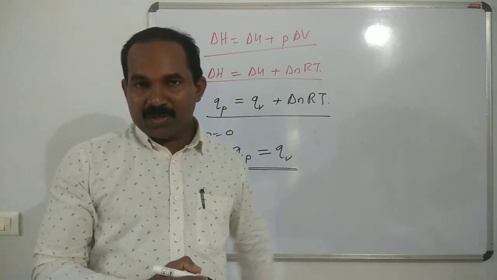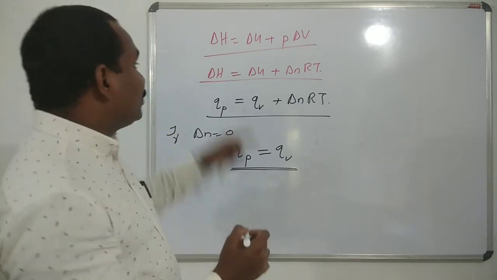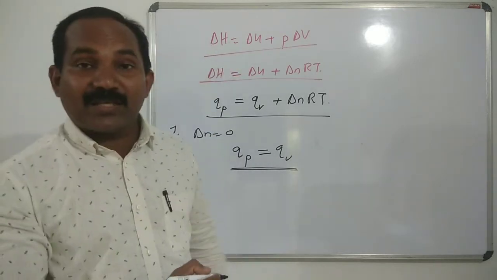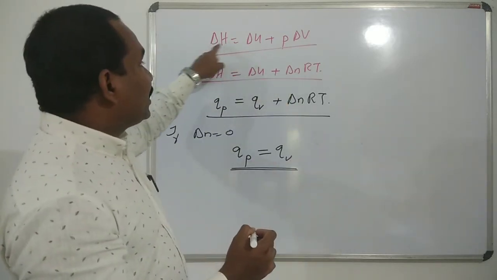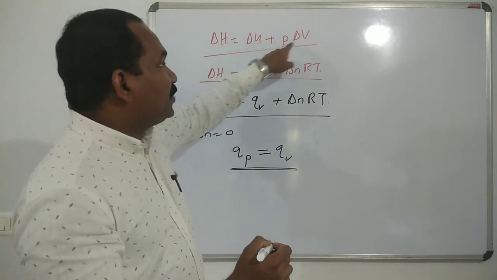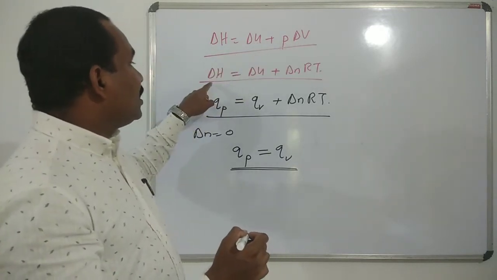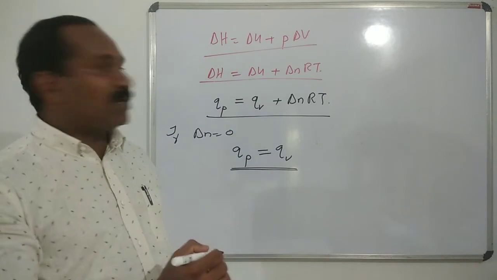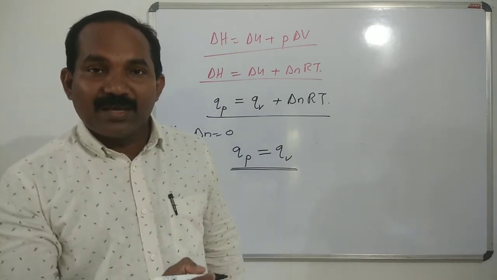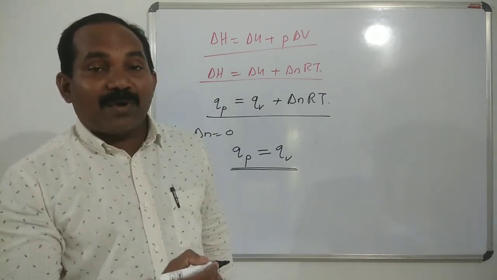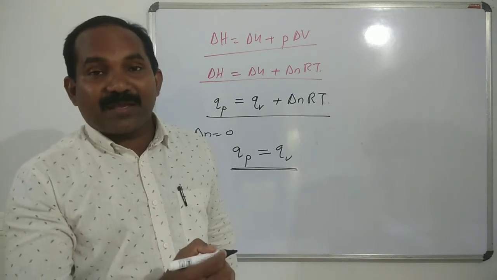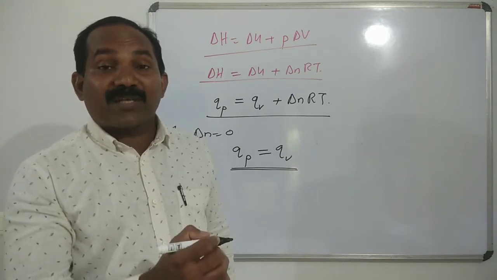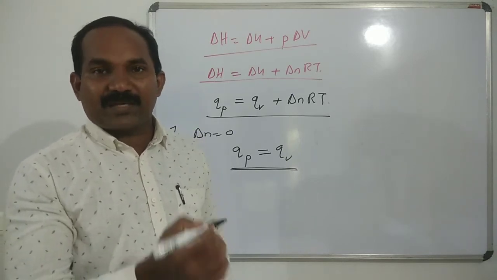Another relationship. So we have three relationships between delta H and delta U. One is delta H is equal to delta U plus P delta V. Another equation: delta H is equal to delta U plus delta nRT, where delta n is the difference between the number of gaseous products and the number of gaseous reactants.